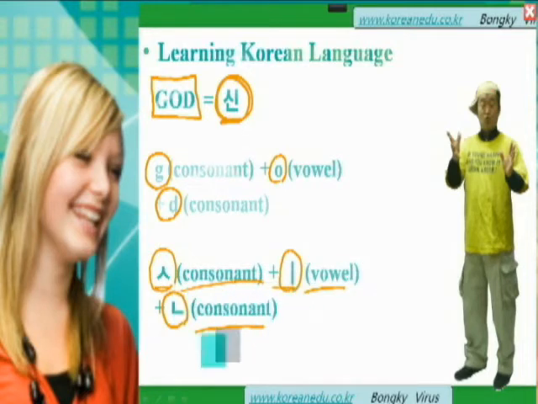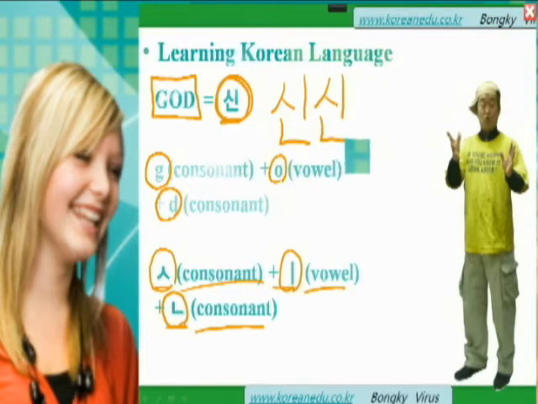These three Korean alphabets compound together and it makes Shin. When you write it, it goes this way. Shin. Do you see the similarity? The English language and the Korean language work the same way. All the sounds get together and it makes one meaning. I'll show you one more example.